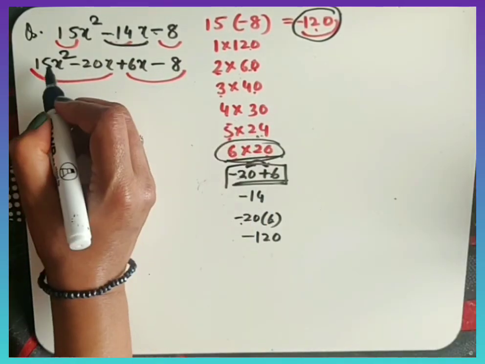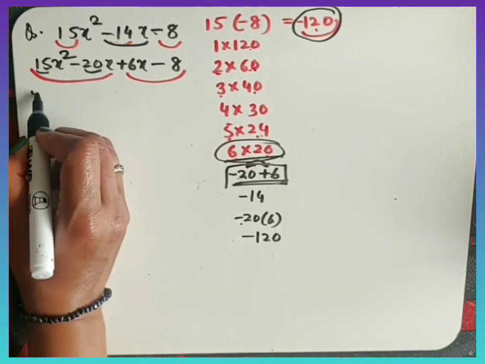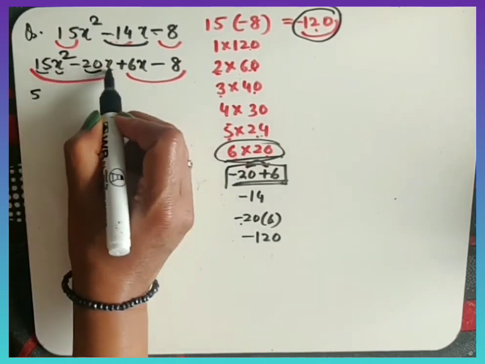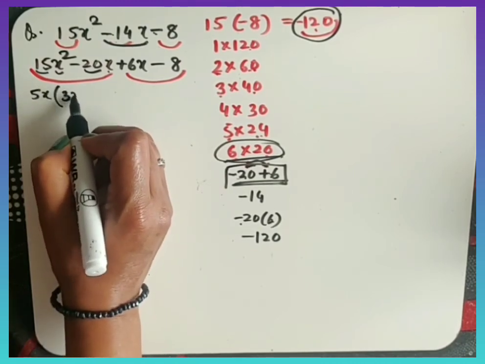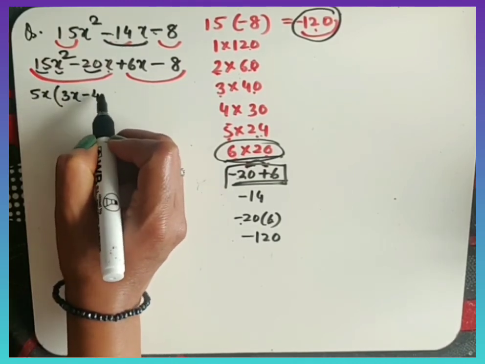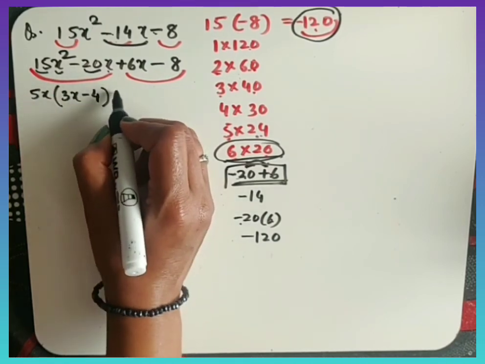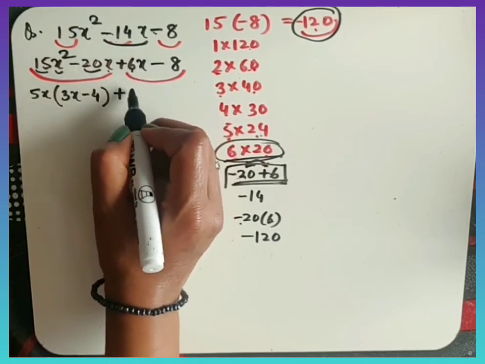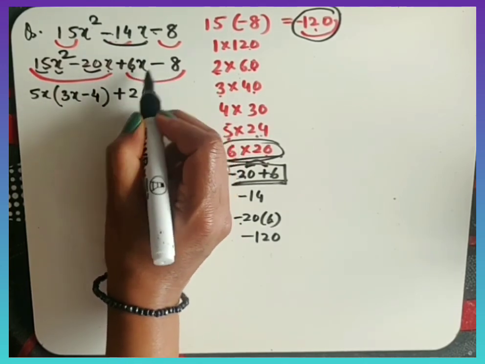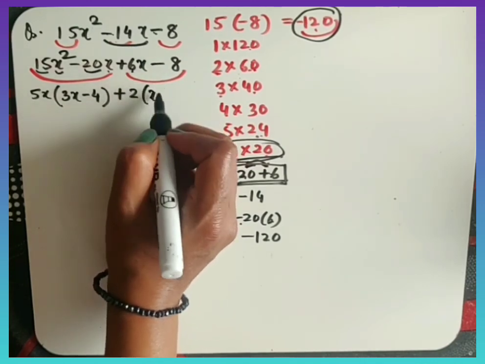Now what can I take common between 15 and 20? I can take 5, and between x square and x I can take x. So here we will have 3x minus 4, and then between these two I can take 2 common, and I am taking plus common, so no need to change the sign here.